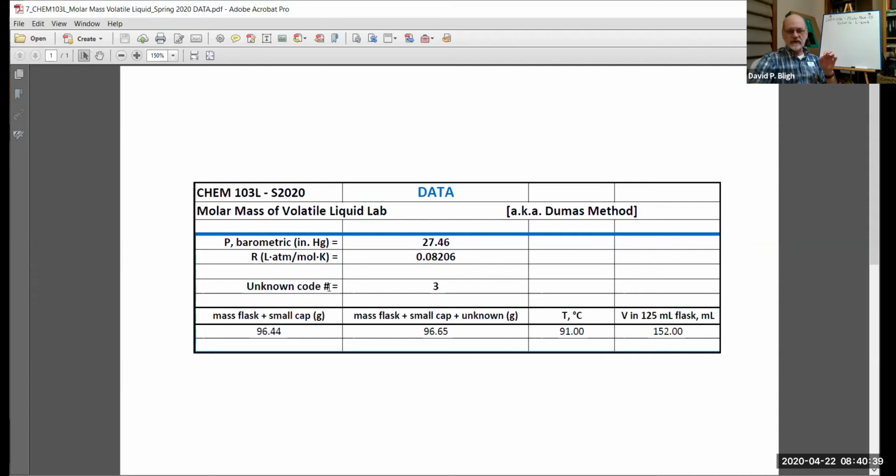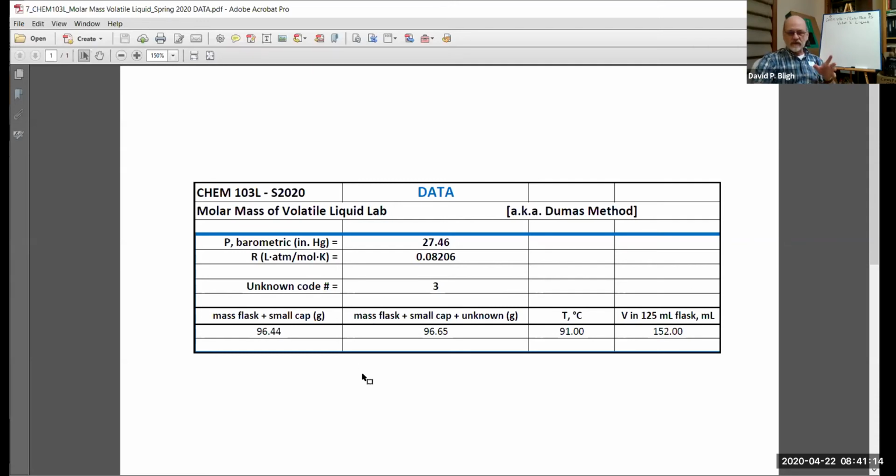That is, the volatile liquid that is being used has an unknown code of 3, and in the method there's a table that has several volatile liquids, and when you determine the molar mass of your liquid, you match it with that table, and then part of the process of reporting is going to be to identify the unknown based on its molar mass.